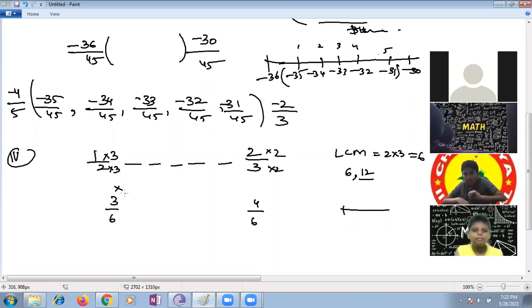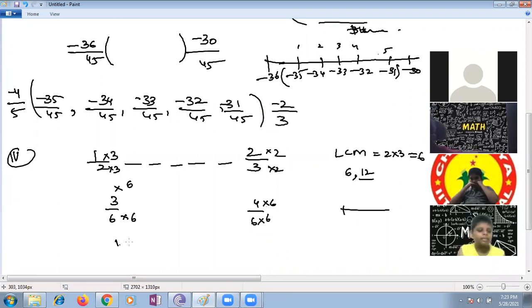Suppose I'm taking 4: 4 threes are 12, 4 fours are 16, 4 rational numbers. Suppose I'm taking 15: 5 threes are 15, 4 fives are 20, I'm getting only 4 rational numbers. So if I want 5 rational numbers, I want to multiply with more than 5. So I will multiply with 6. Children, you multiply the number with 6. What are you getting? Please let me know.